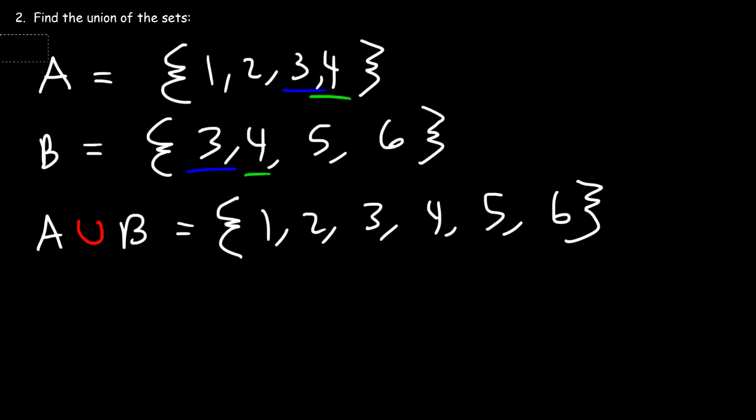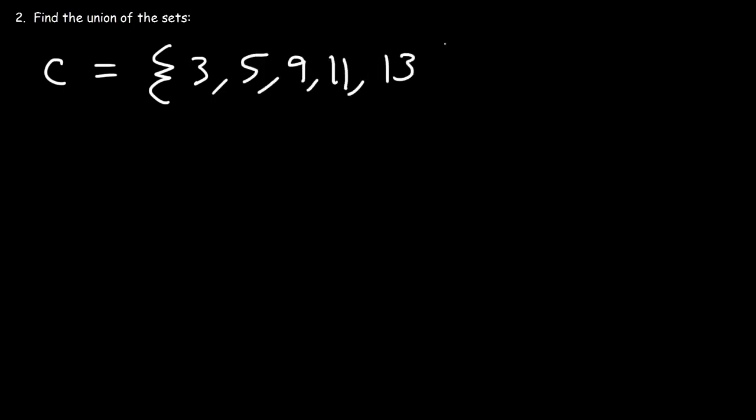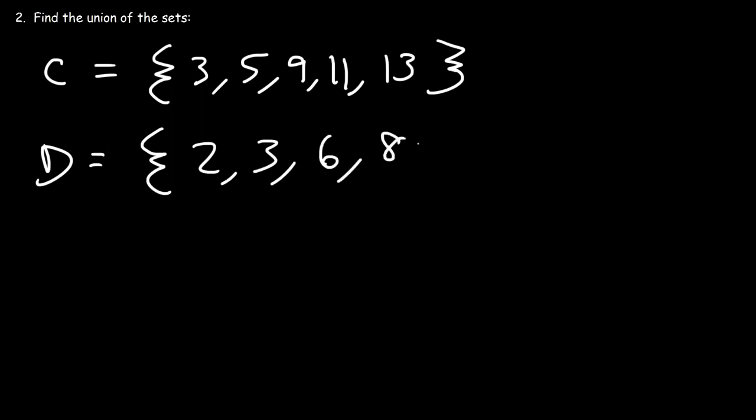So let's try some other examples. So let's say set C is 3, 5, 9, 11, and 13. And set D is 2, 3, 6, 8, and 12. Go ahead and find the union between sets C and D. Go ahead and try that.